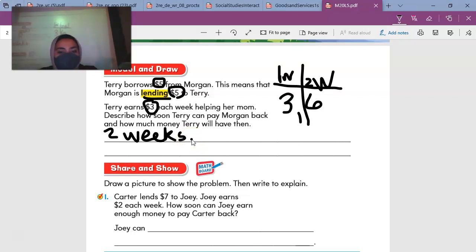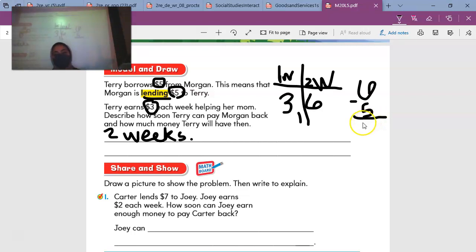How soon Terry can pay Morgan back, and how much money will Terry have then? If Terry pays back $5 in 2 weeks, but Terry has $6, what's 6 take away 5? How much money will I have left over? If I have $6 in my account and all I have to pay back is 5, how much will I have left over?